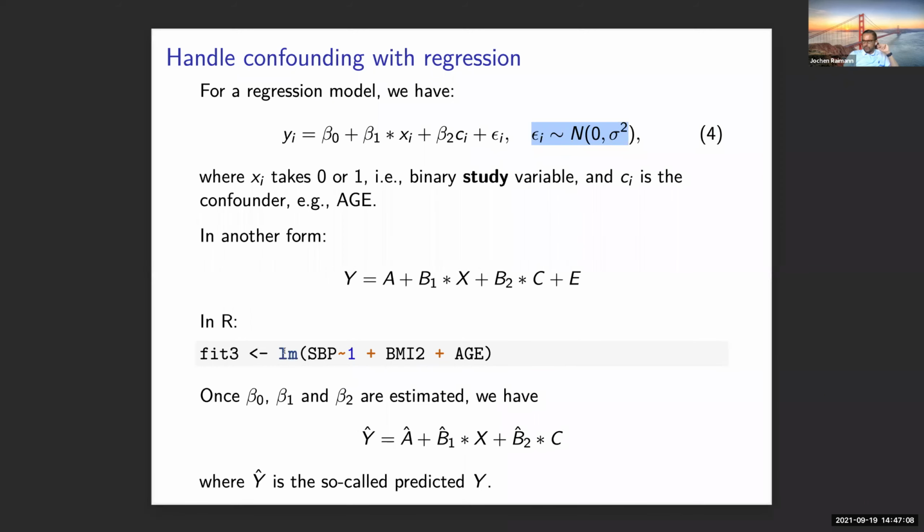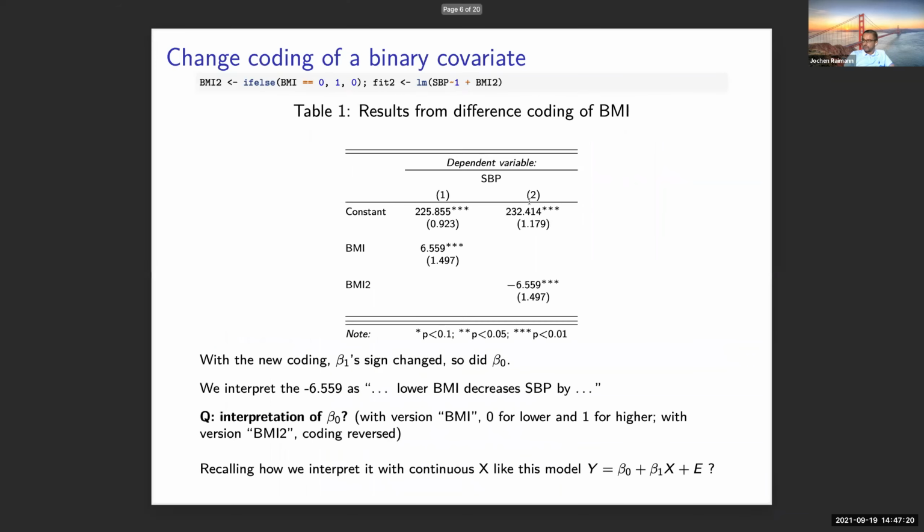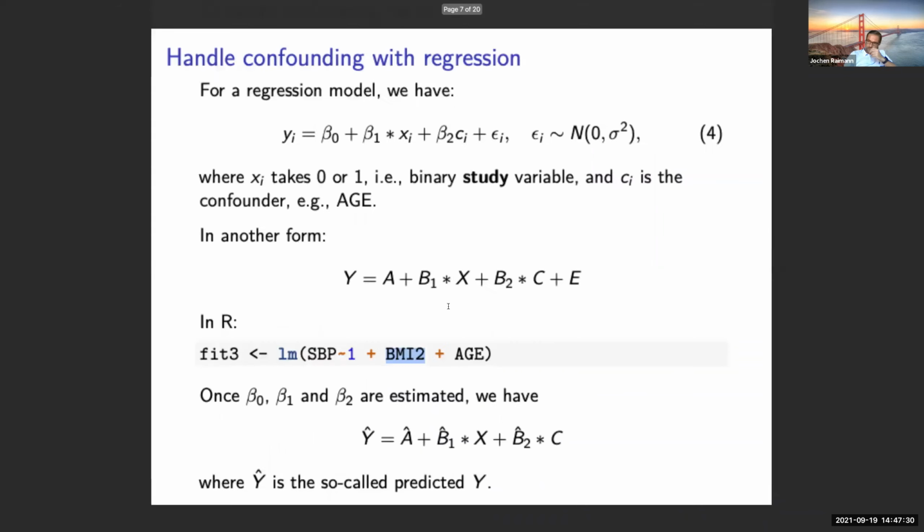In R, you would code this as stated here. Don't forget, we still have BMI2 here. BMI2, as we recall, is now essentially, keep that in mind, the high BMI is actually the 0. So we have changed the reference code. Keep that in mind in the interpretation moving forward.